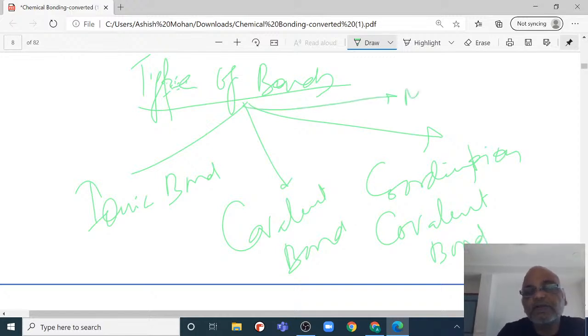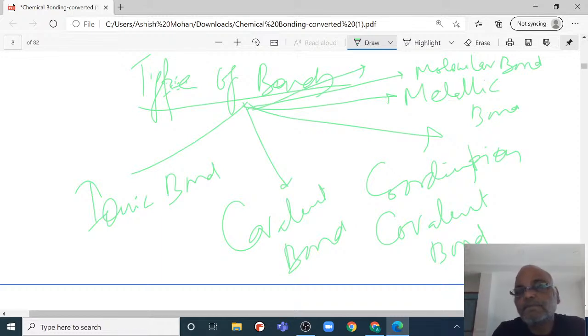Fourth is the metallic bond. Then the molecular bond. And the last one is the hydrogen bond. These are the different types of bonds formed between atoms.